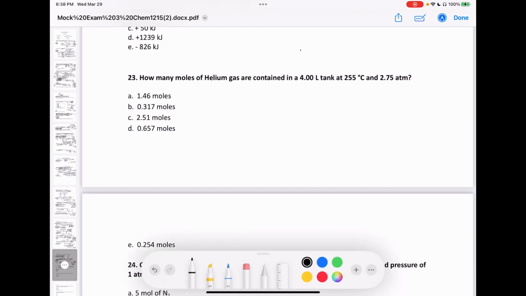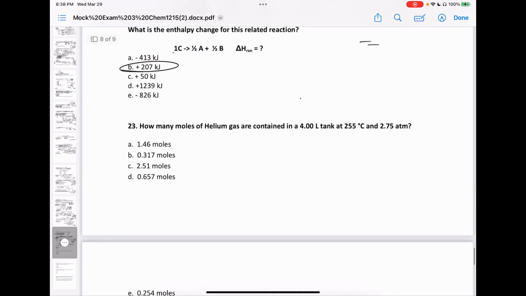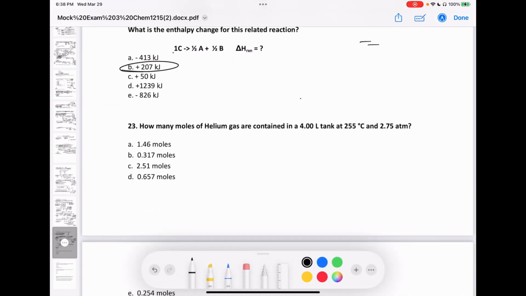How many moles of helium gas are contained in a 4-liter tank at 255 Celsius and 2.75 atmospheres? It seems kind of out of place considering all the problems we just had. But this is just like the beginning. You're given 3 variables: a volume, a temperature, and a pressure.